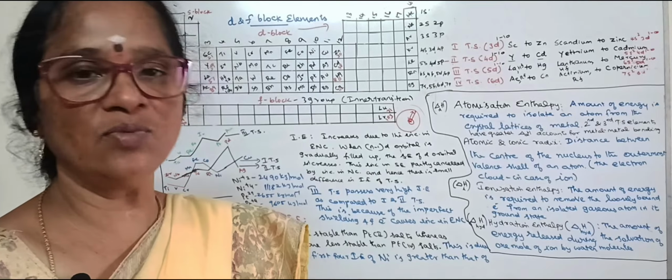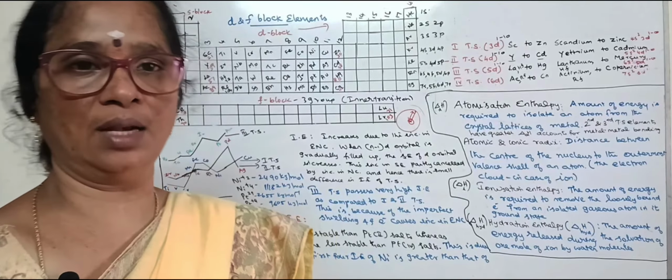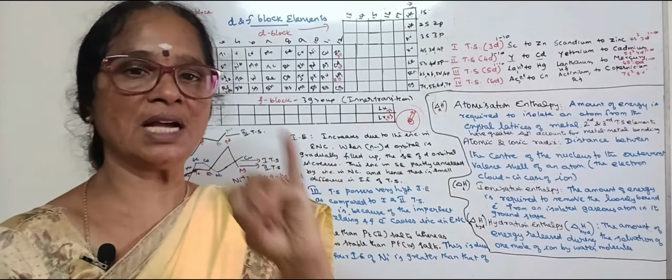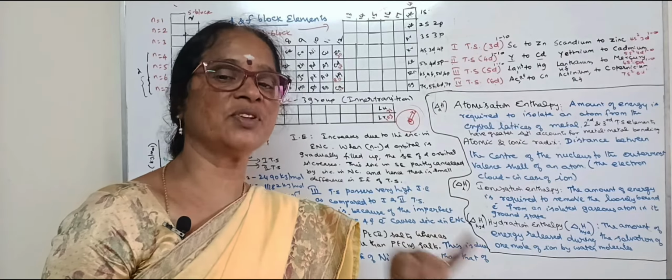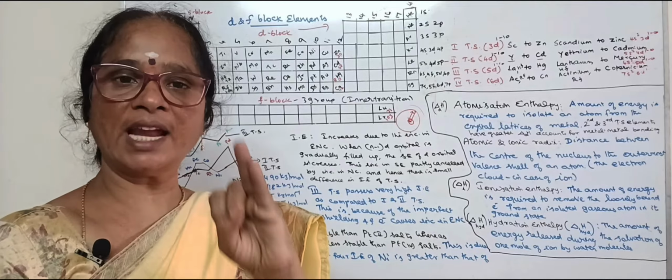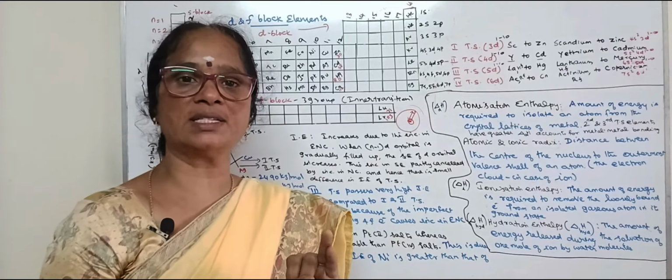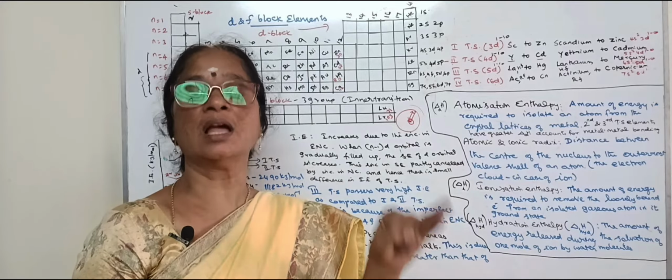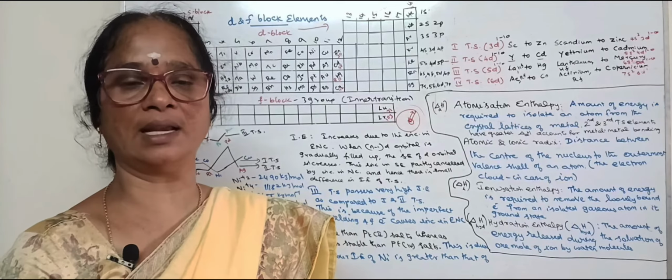So, this involves three different enthalpies. One is atomization enthalpy, because we have to isolate an atom from the crystal lattice. Second, the atom which is in solid state has to be converted into its gaseous state. So that requires sublimation enthalpy.